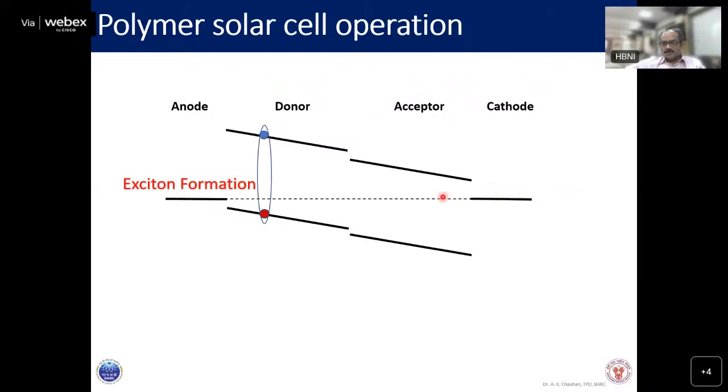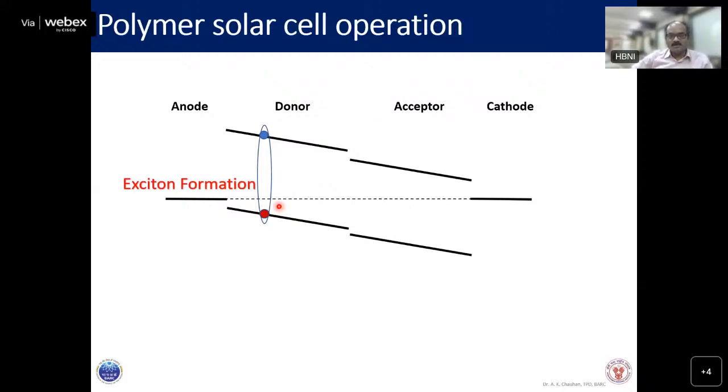So though there is an electric field, since the net charge is 0, the exciton will not move because of the gradient in the field. So it will move statistically.